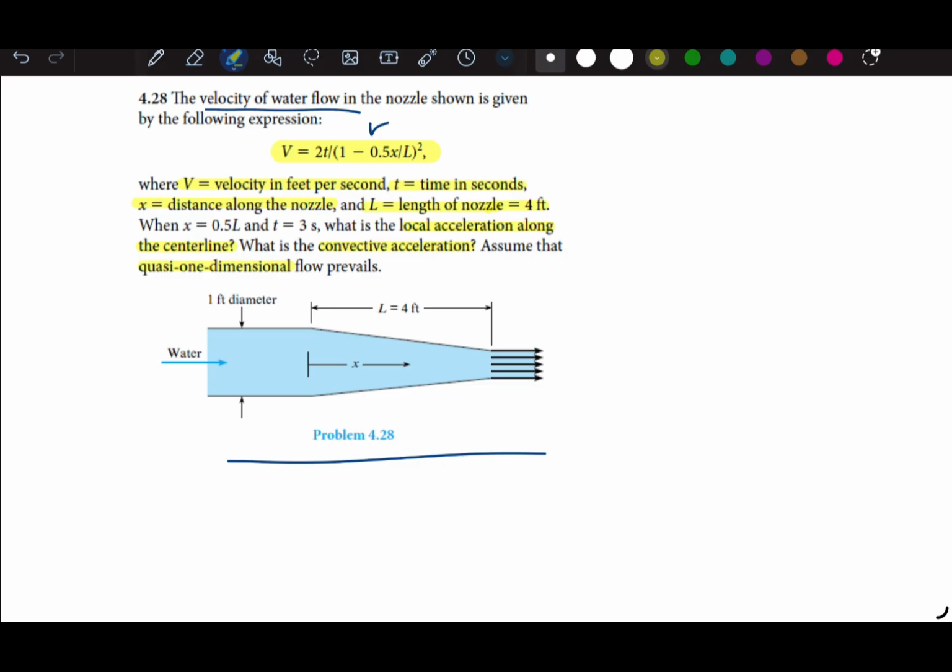So this means that it actually allows flow properties in both directions, but we are simplifying that and assuming that these properties can be treated as one-dimensional along the flow path. So in other words, we can just say one-dimensional flow. Okay, now we can focus on the question.